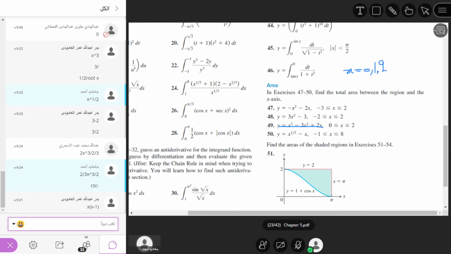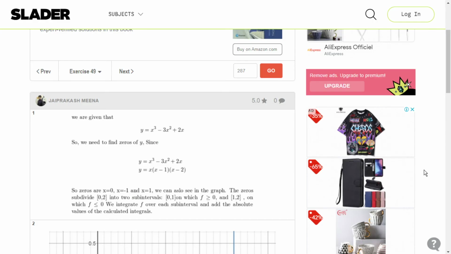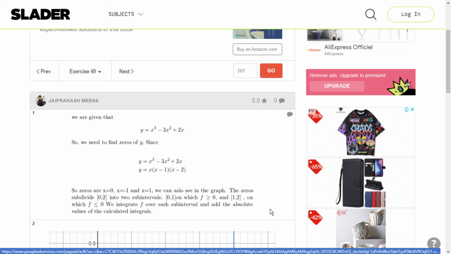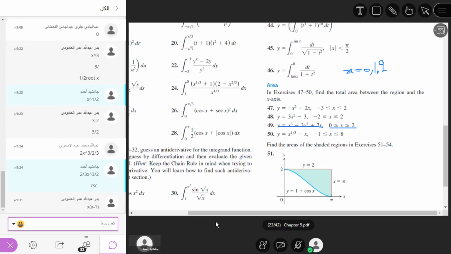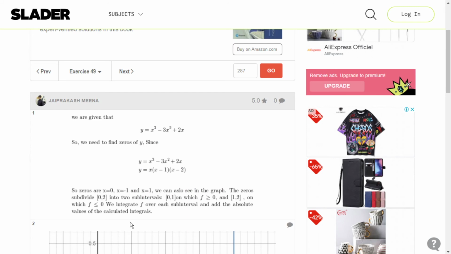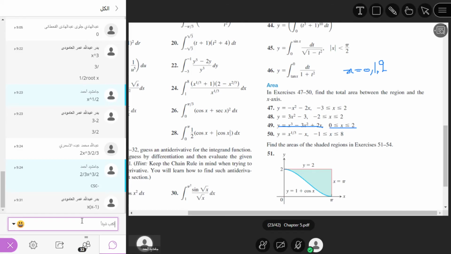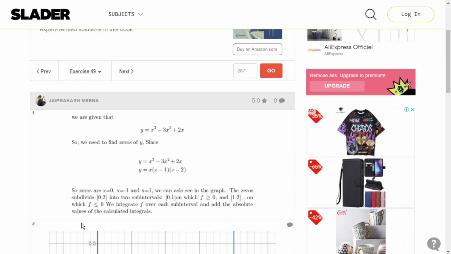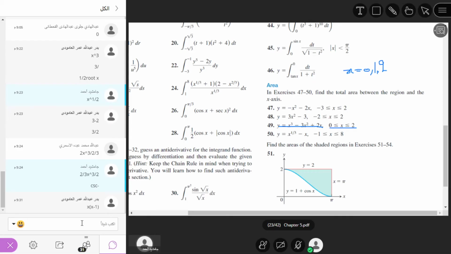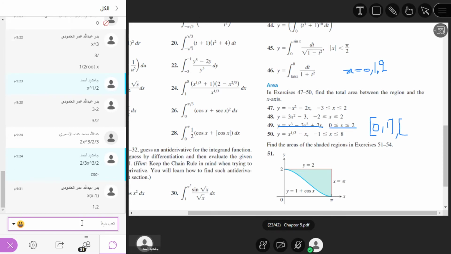But here we have the interval 0 to 2. How many sub-intervals can we create? We have these three zeros, 0, 1 and 2, so two sub-intervals: from 0 to 1 will be one sub-interval, and from 1 to 2.